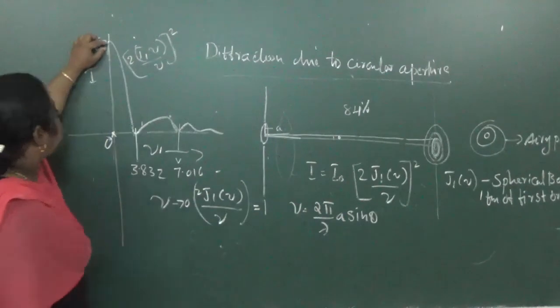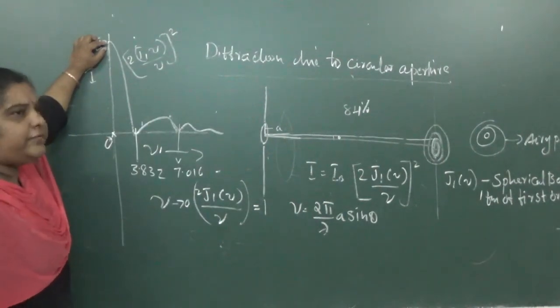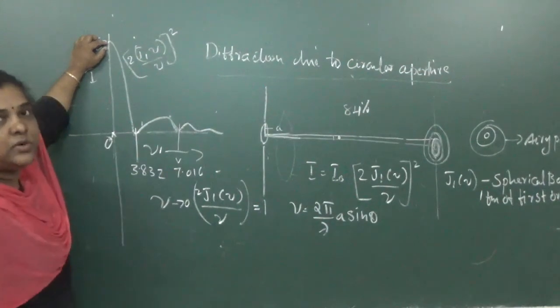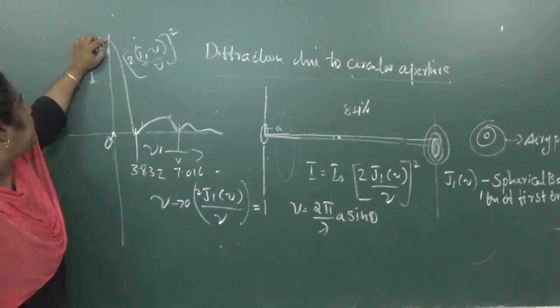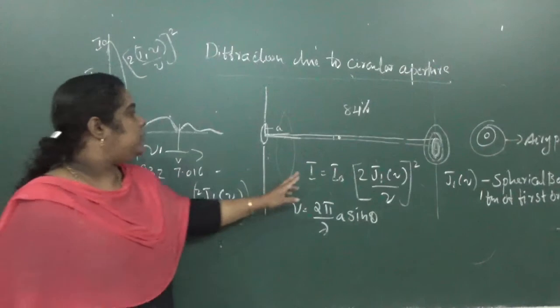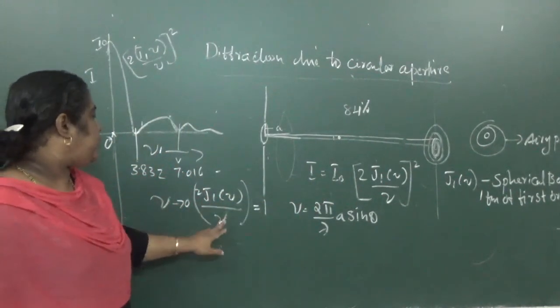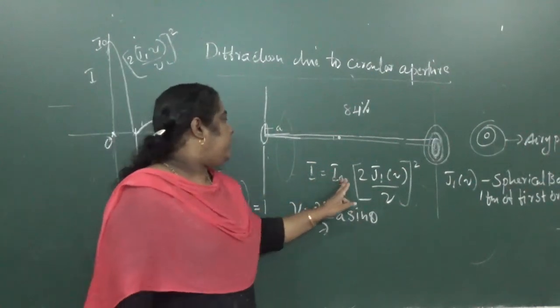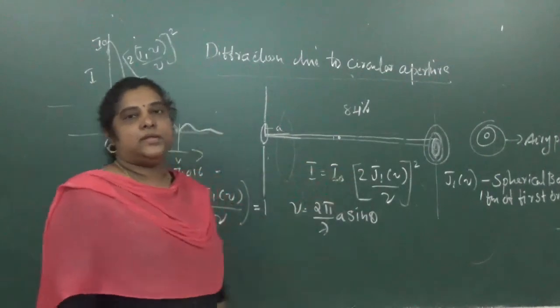Similarly, in our single slit case also, at theta equal to 0 we found central maxima. Here also, because when nu tends to 0, 2 J1 nu by nu is equal to 1, that means I is equal to I0, you will get maximum intensity.